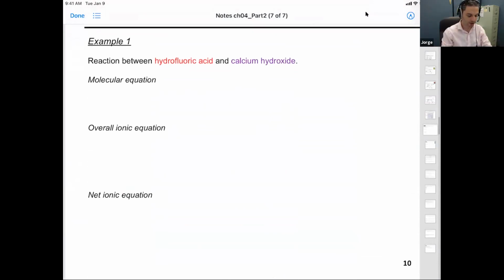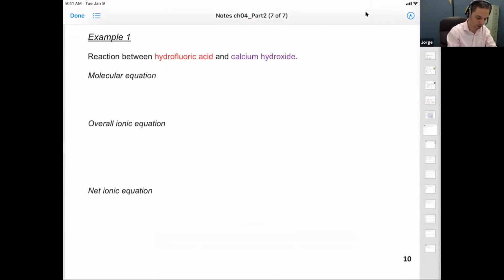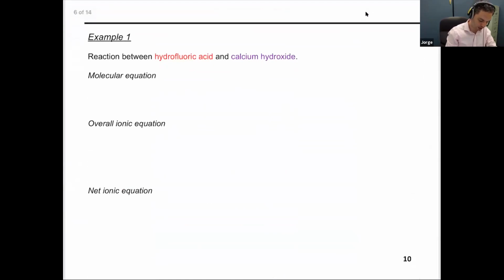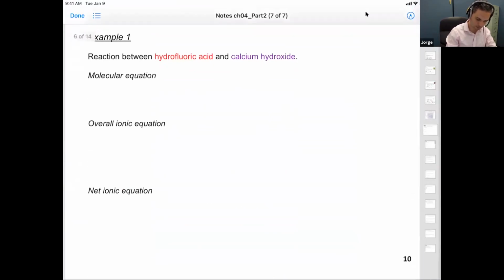The first example I would like to show you is the reaction between hydrofluoric acid and calcium hydroxide. Hydrofluoric acid is HF. Calcium hydroxide, we looked at that earlier, and it's Ca(OH)2.